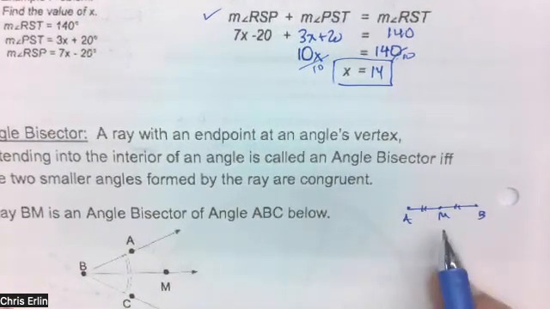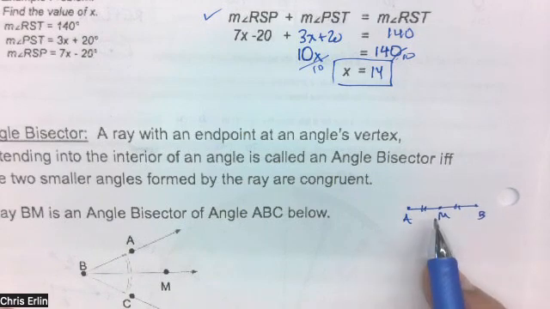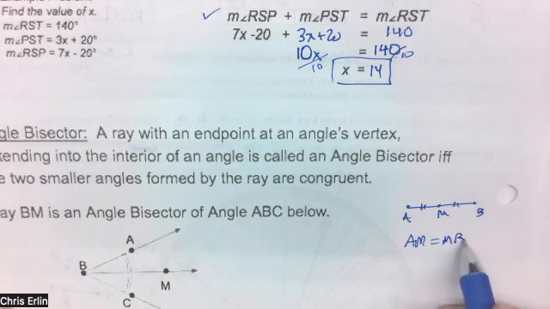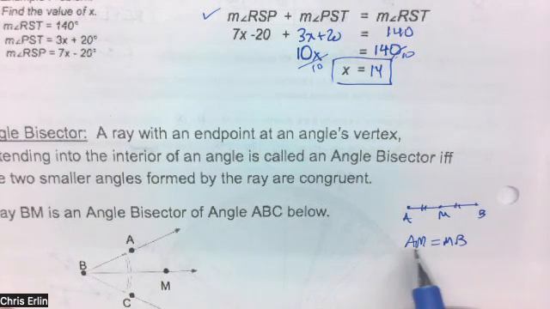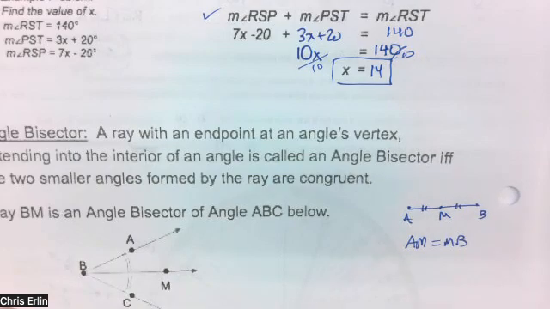And if we had this, and we knew that M was exactly a bisector, what could we say? What would be a new formula we could use? Good. AM equals BM or AM equals MB, because those are both the same size if this splits it in half, which is what bisect means.